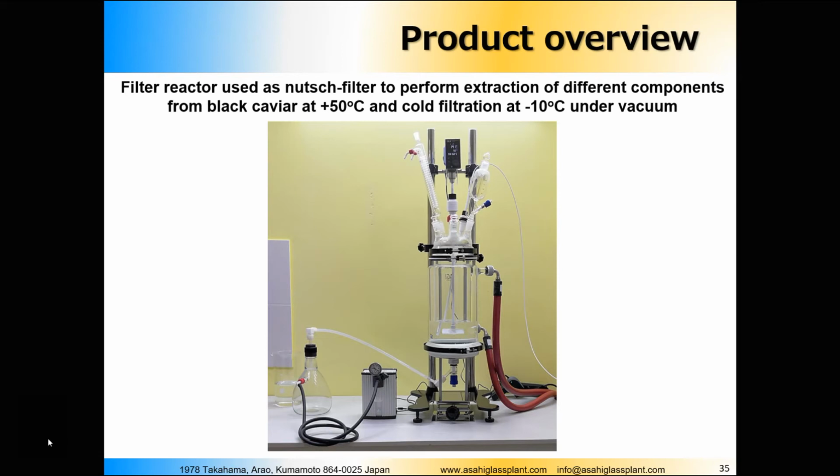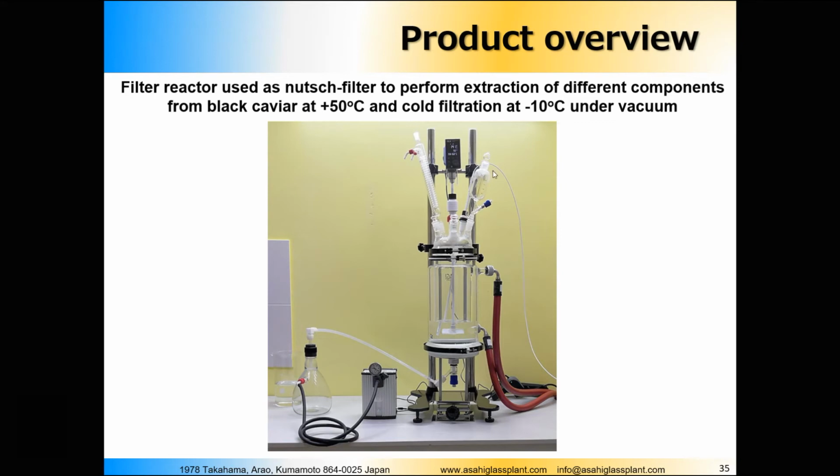So they have the black caviar, they crush it in a mixer, and then they load it into the jacketed filter reactor. They add methylene chloride inside the vessel as well. They heat it up to something like plus 50, as far as I remember. Stir it for a certain period of time, and then they filter it. So, as I told you, this is a typical application for the filter reactor, the extraction.